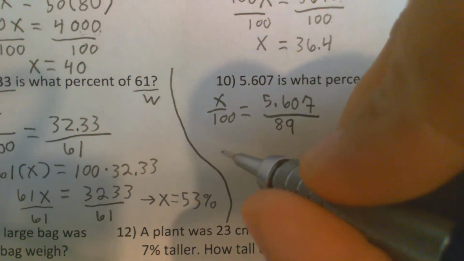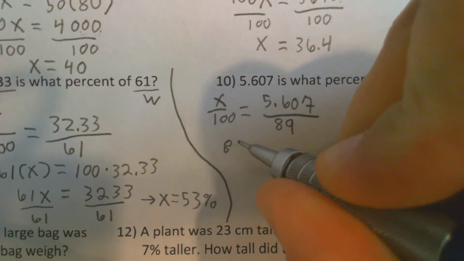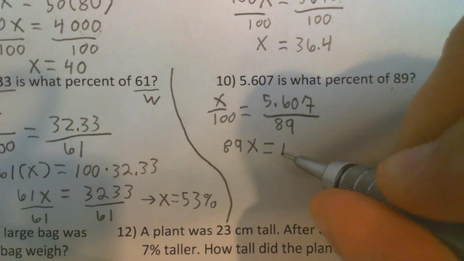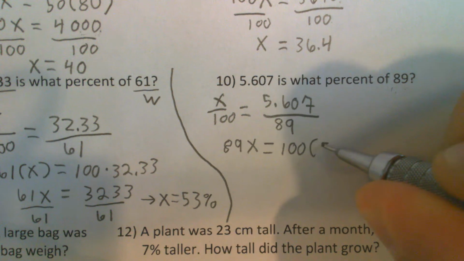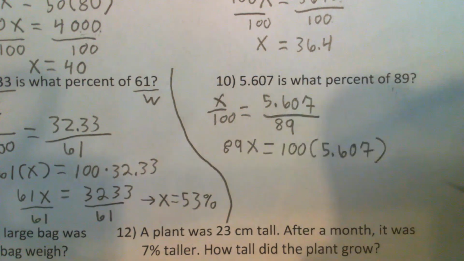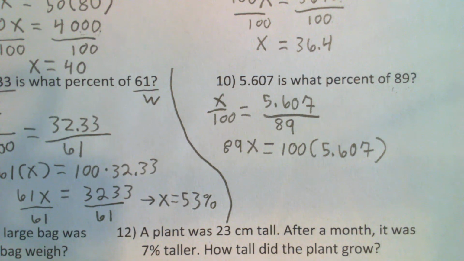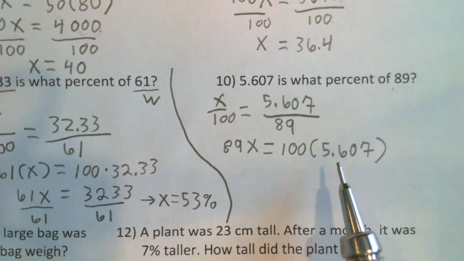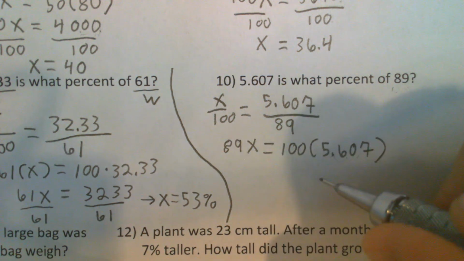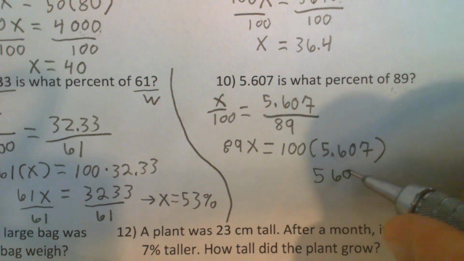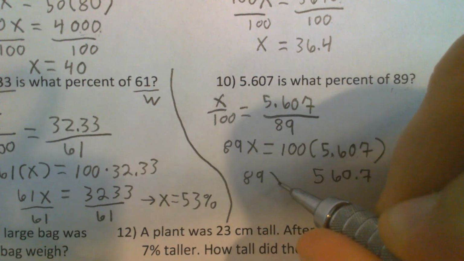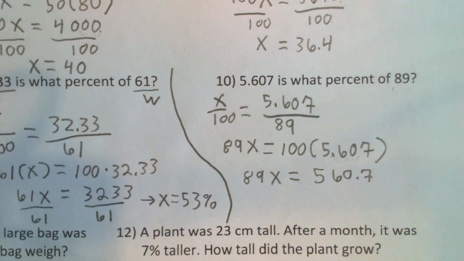Cross multiply. So x times 89 equals 100 times 5.607. After we multiply by 100, move our decimal spot 2 times. That's going to give us 560.7. 89x carries down.